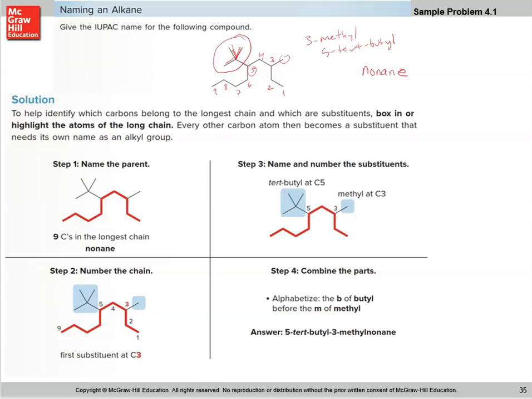Technically, even though it's a T here, we're going to start with the butyl part, which is what gets priority, not the tert part, because it's a butyl. So we'll do the 5-tert-butyl, 3-methyl nonane. And you can see that is what we have down here. That's how you would name that compound.